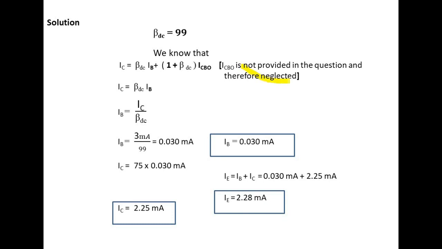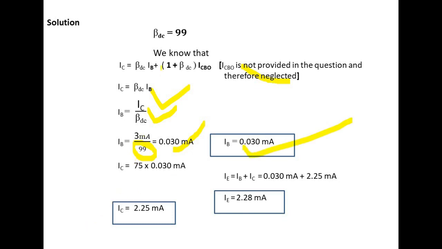ICBO is not provided, it is neglected. So IC equal to beta DC into IB, and IB will be equal to IC upon beta DC. Now beta DC is 99, that we are going to use in this equation. So IB is equal to IC upon beta DC, that is 3 milliampere upon 99. So we have got IB as 0.030 milliampere.